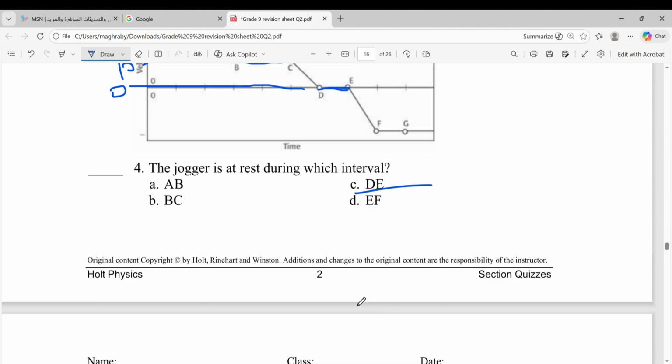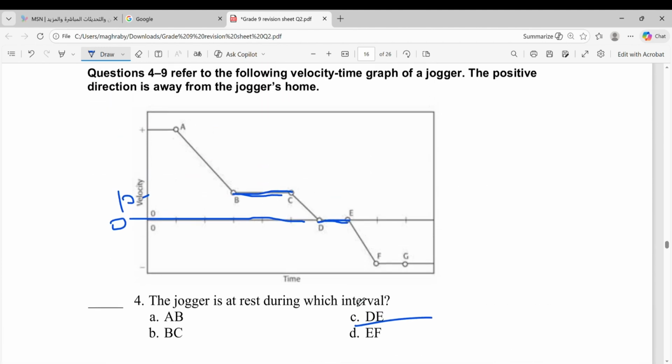Okay, during which interval does the jogger have a constant positive velocity? Here it has constant positive velocity and here it has constant positive velocity, because if it is about 50 here, after half a second it's also 50.